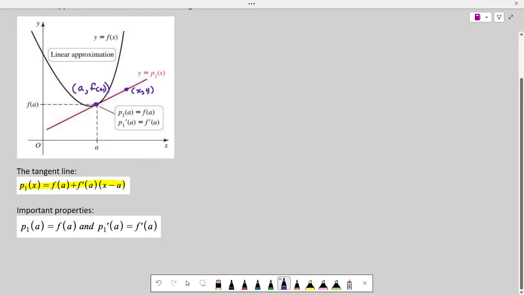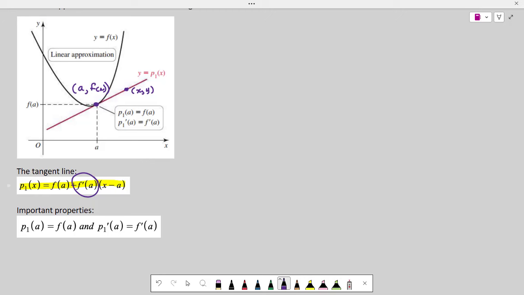What's the slope of the tangent line? It's the derivative at a. And so we would use the point slope formula to build that line. We're going to call it p sub 1 to indicate that it's the first order approximation. P sub 1 means it's the approximation of degree 1. So there is the equation of the tangent line.